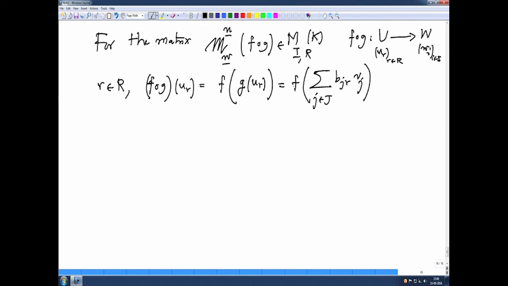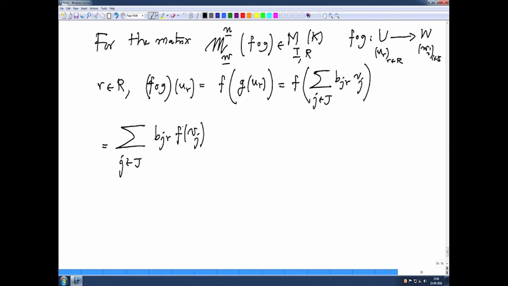And now F is linear, so I push F inside, and these are scalars, so they come out. So this is the summation over J in J, B_JR comes out, and then I apply F to V_J.